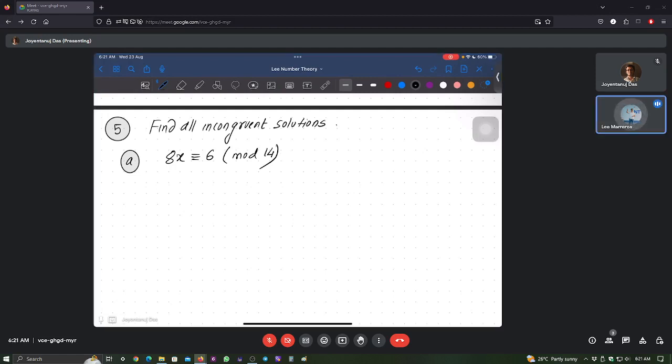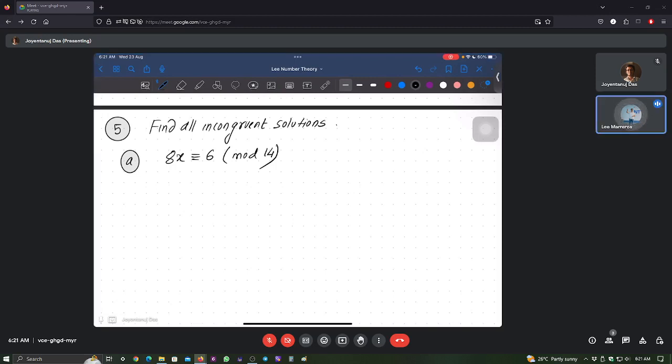We first find one solution and then we have the formula. But first of all, we have to check whether the solution exists or not. So does it exist?